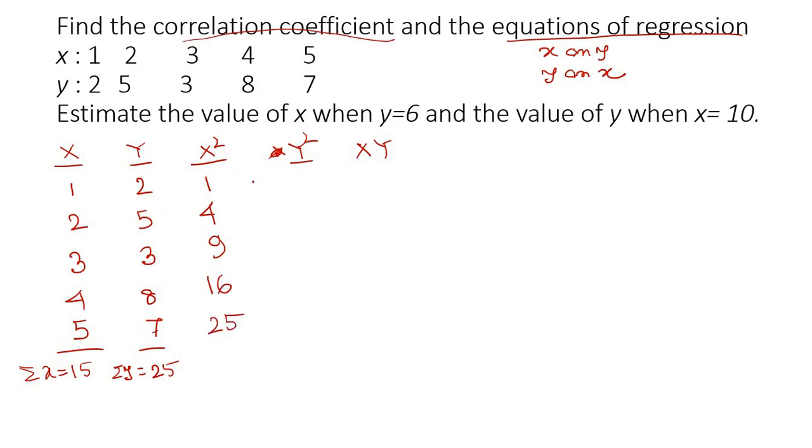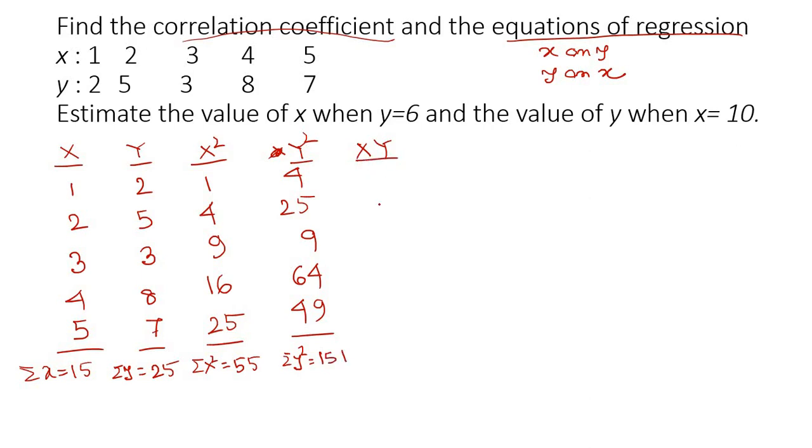And then for y square: 2 into 2 is 4, 5 into 5 is 25, 3 into 3 is 9, 8 into 8 is 64, and 7 into 7 is 49. We require these column totals also. Summation x square is 55, and summation y square comes up to 151.